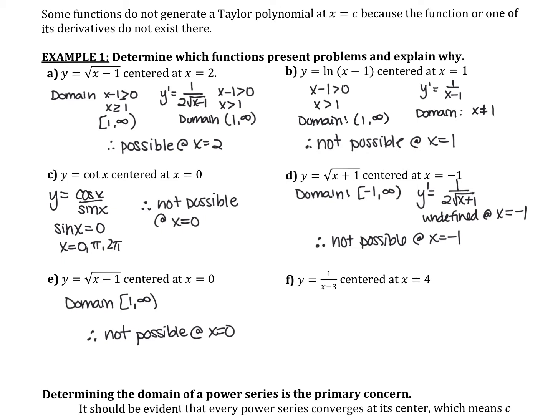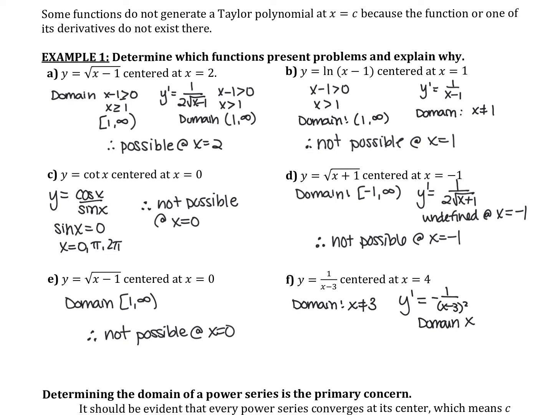Next one. Here, my domain of my original function is that x cannot be 3. And if I take my derivative, I would get 1 over x minus 3 squared. And that has an issue again, x can't be 3.